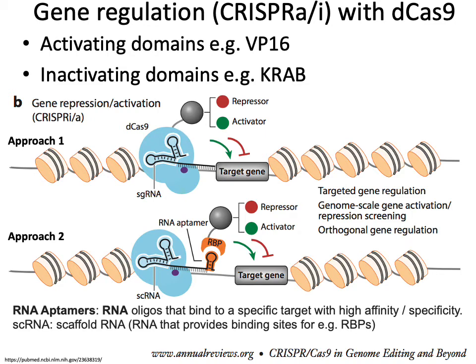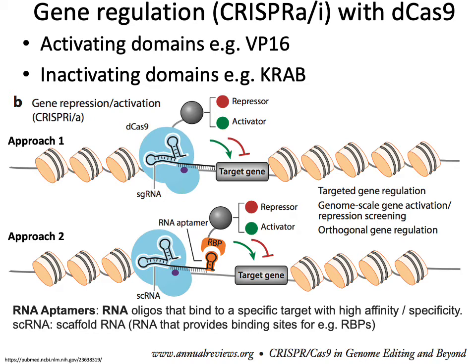But you can fuse that Cas9 nuclease null mutant to either a repressor or activator domain. And if your guide RNA then brings this mutant Cas9 complex close to the transcription start site of a gene, you can activate or repress the expression of that target gene.